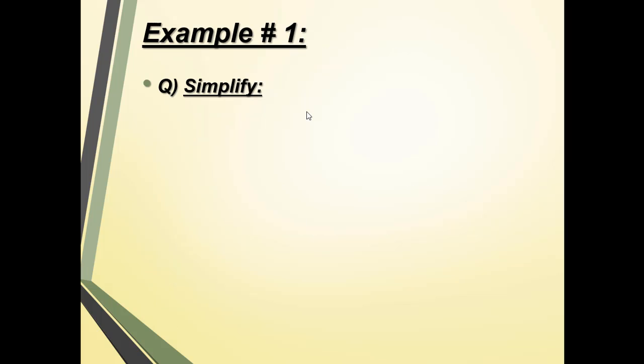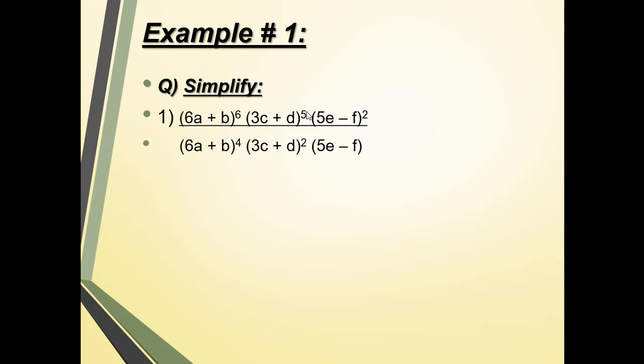Now let us learn this with some examples. Over here, we have question number 1, and it contains three binomial expressions in the numerator and three in the denominator, but all the binomial expressions which are in the numerator are also given in the denominator with different powers. So we need to apply the division law.